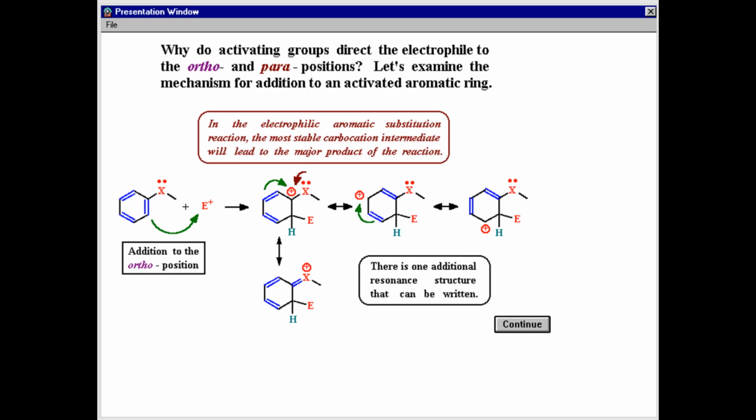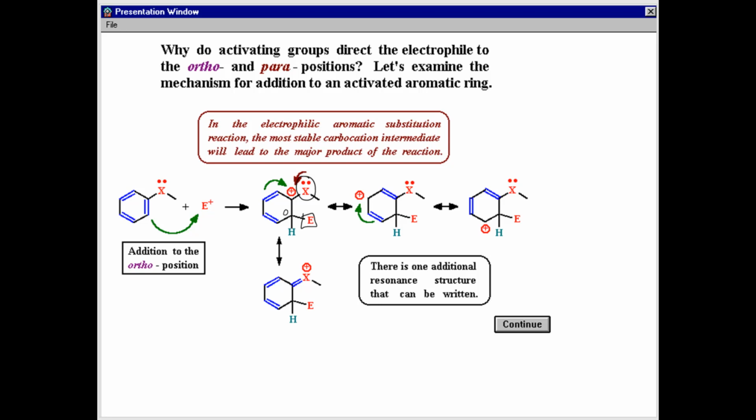And I write the 3 resonance structures that I would get by adding the electrophile to the ortho position. And I would get these 3 resonance structures. But I get a 4th resonance structure whenever the plus charge, whenever the carbocation is next to a group that has a lone pair, because now that group with the lone pair can donate it, and I can form a 4th resonance structure.